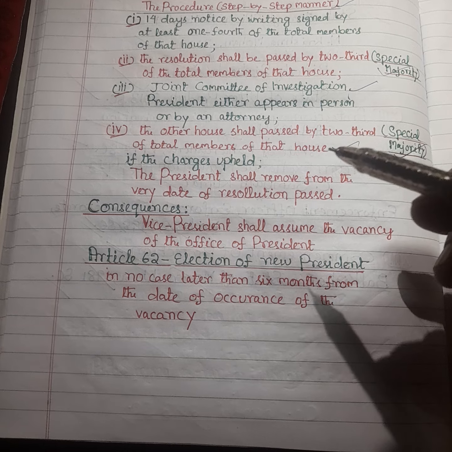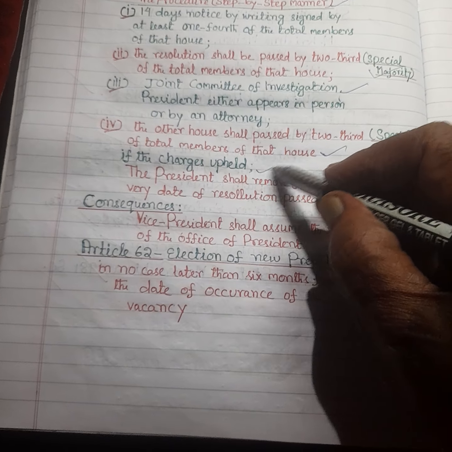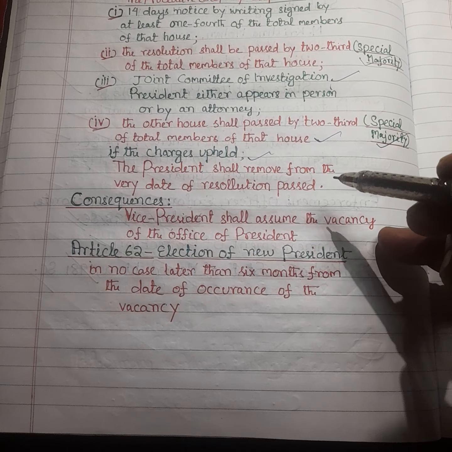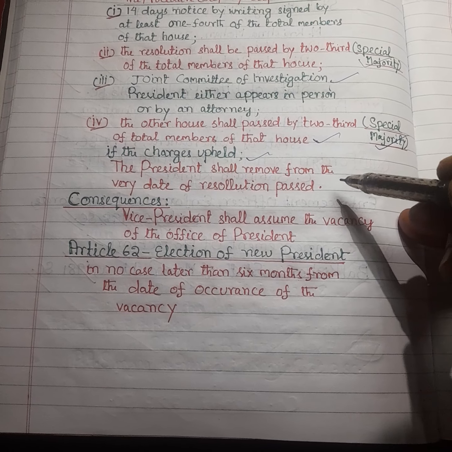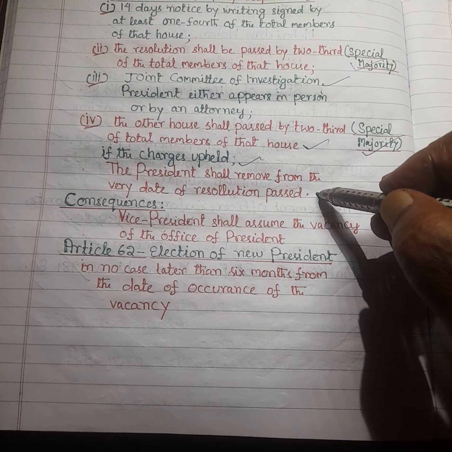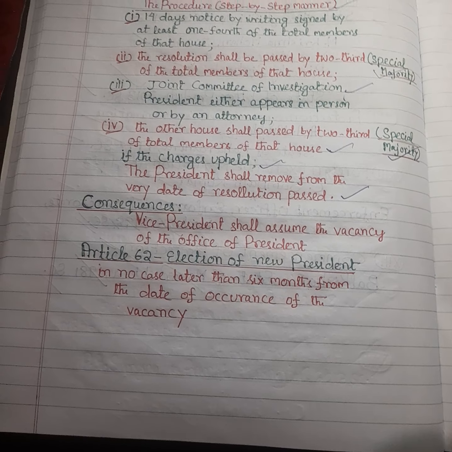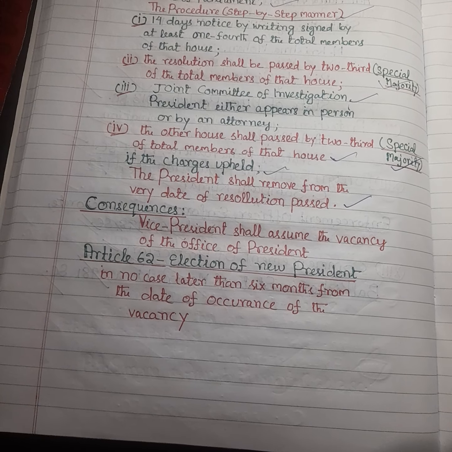And if the charges are upheld by the other house, then the President shall be removed from the date of the resolution passed by that house.